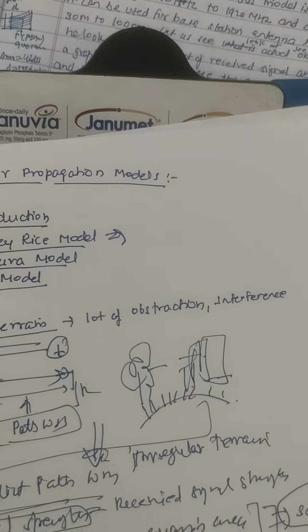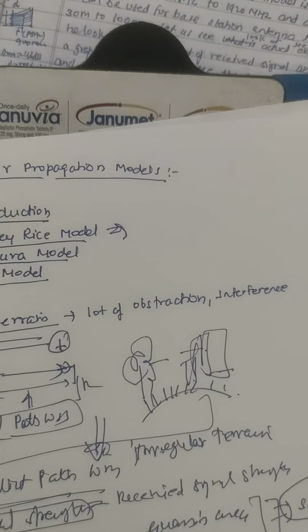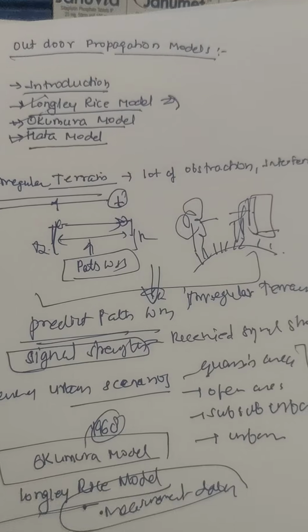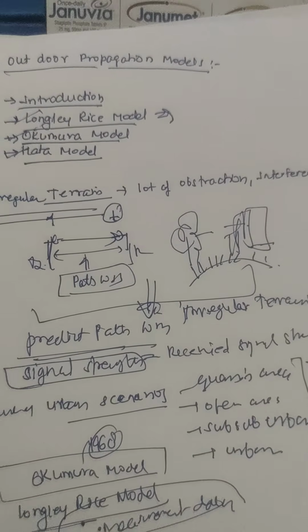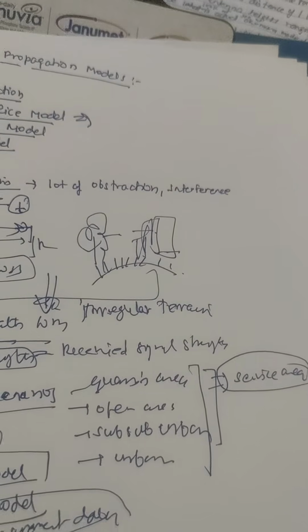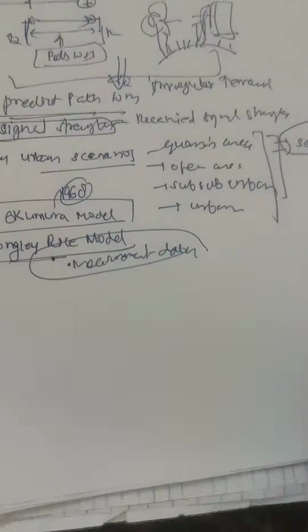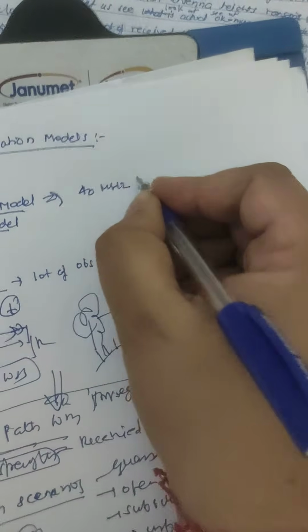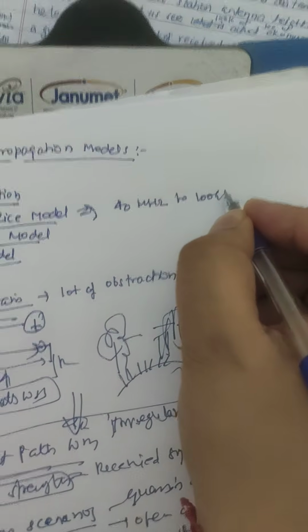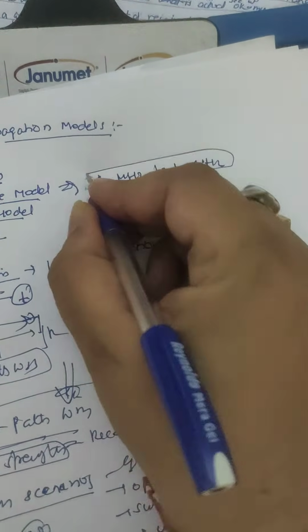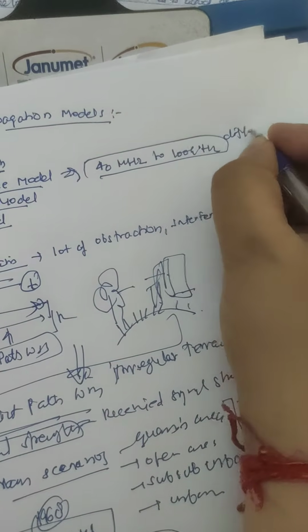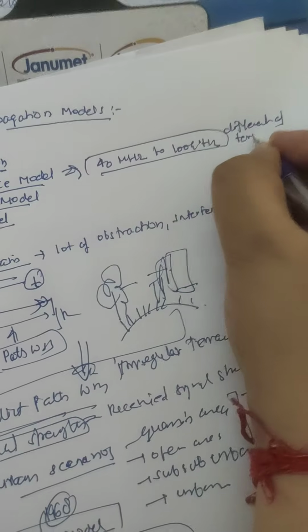The Longley-Rice model is applicable to point-to-point connections, where the transmitter and receiver communicate in the frequency range of 40 megahertz to 100 gigahertz, over different kinds of terrain.